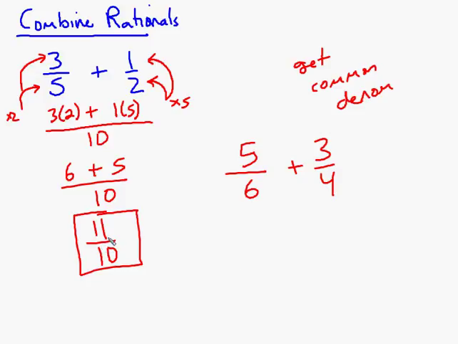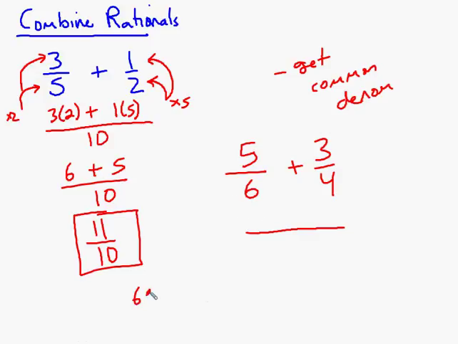Like that. All right? The first thing I need to do is get the common denominator. What's my common denominator? Okay, 24 would work, but that's not my least common denominator. How do I know what my least common denominator is?